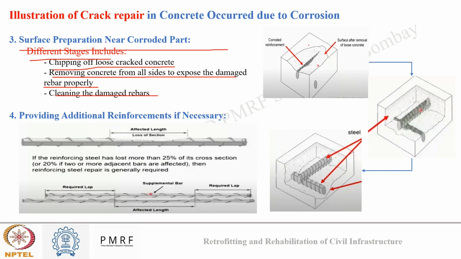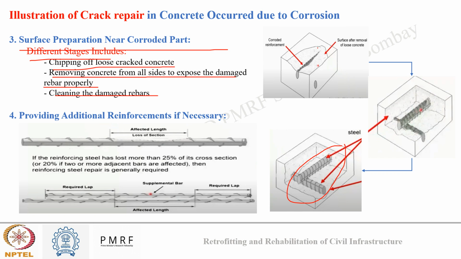In the images you can also see that for removing the loose concrete, we can use high pressure water injection, abrasive blast cleaning, or wire brushing near the reinforcement. For chipping off loose concrete, we can use some hand drill tools.